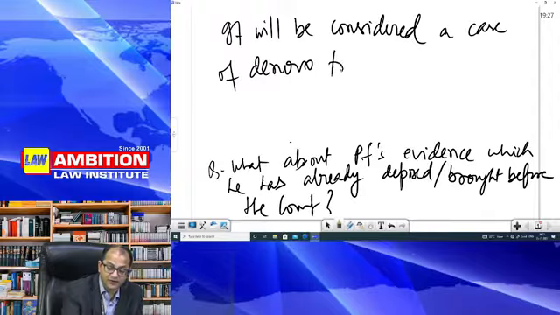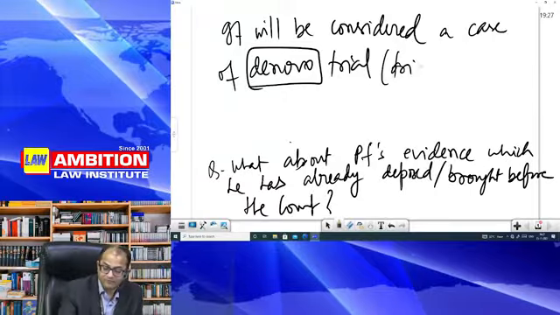So trial will go afresh. De novo means afresh, trial afresh. So again you will have to bring evidence.